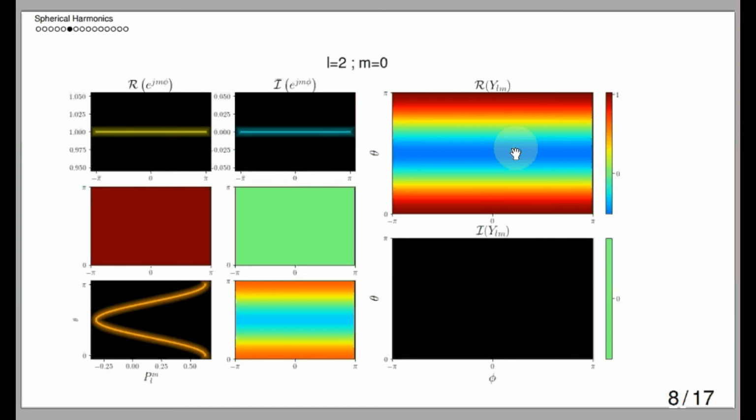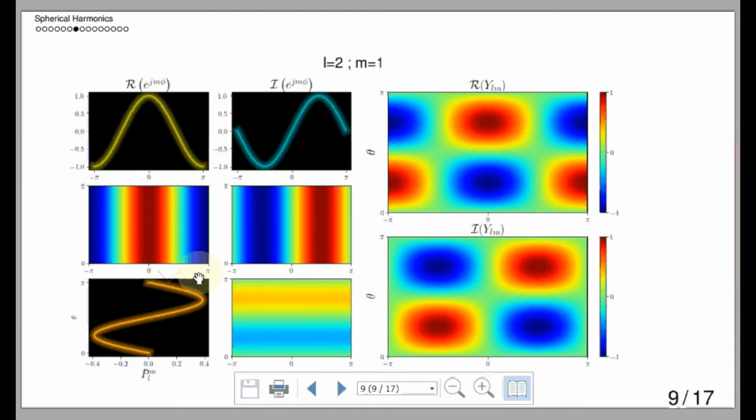So when m equals 0, there will be no variation in phi, and the imaginary part will be 0. This is for any degree L. If m equals 0, this will actually be a simple Legendre function instead of an associated Legendre function.